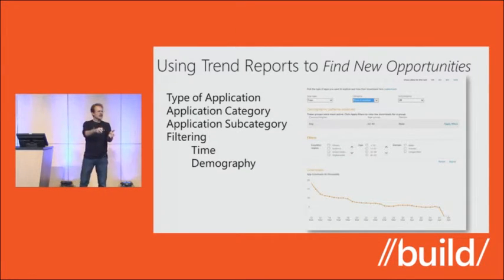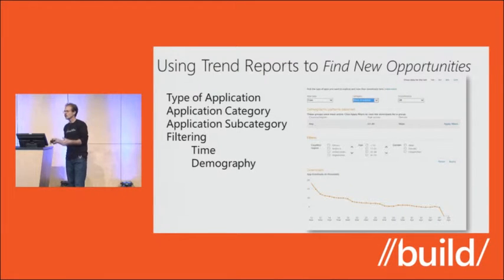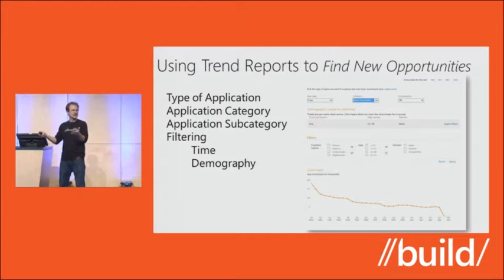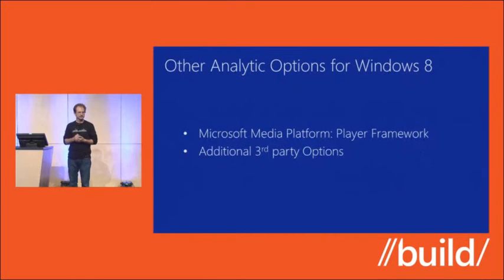You can go to Trend Reports, run a report to see what other categories really apply to that demographic that we're already reaching out to, and you may find a new application category that really applies to the same demographics. That may trigger some new thoughts in your mind about additional applications that you may want to develop. So it's a really neat thing to go into and explore and look at. I'd really recommend that you take time to go through here and look.